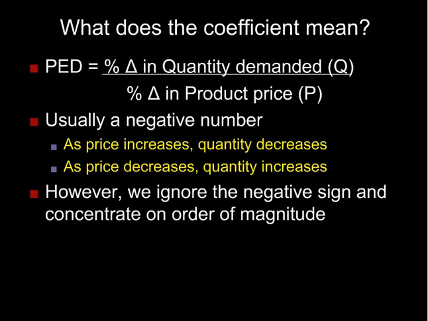Well, the price elasticity of demand, as we've said, is the percentage change in the quantity demanded over the percentage change in the product price, and it's usually a negative number because it's reflecting the law of demand. As the price increases, the quantity decreases, and as the price decreases, the quantity increases. It would be a negative number, but we tend to ignore the negative sign and just concentrate on the order of magnitude.